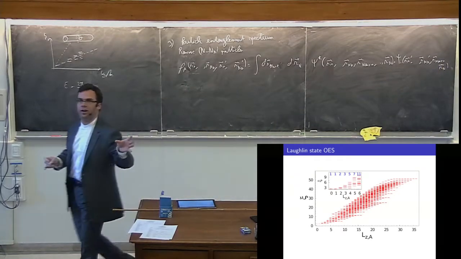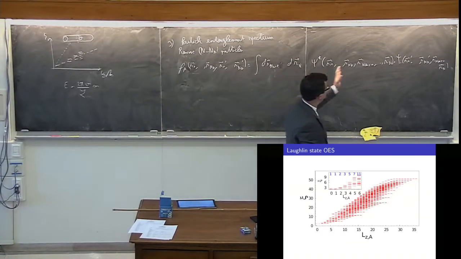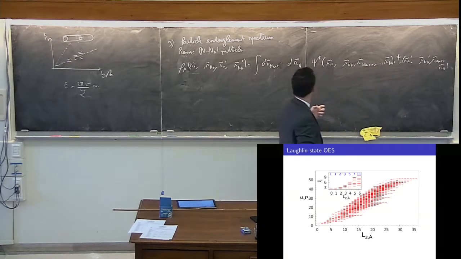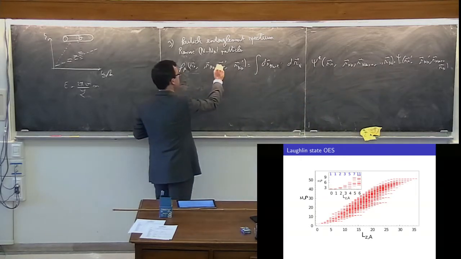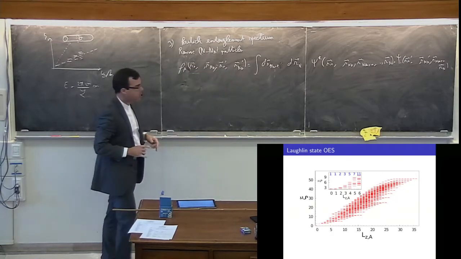So I pick Na particles, let's say the first Na particles, and I integrate out on the remaining particles, from Na plus 1 to n, right? It's a matrix where you have two entries, the R's and the R primes.